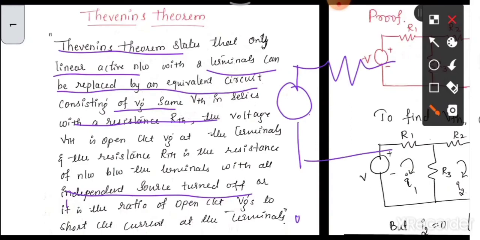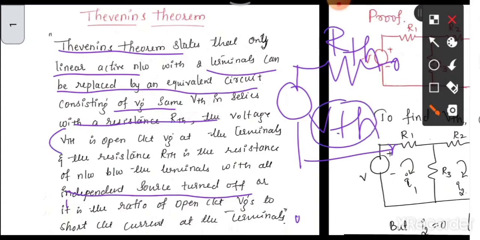The voltage source is represented by VTH, and the resistance or impedance can be represented by RTH and ZTH respectively. VTH can be calculated as the open circuit voltage between those two terminals, and RTH is the equivalent resistance of the network between the terminals.